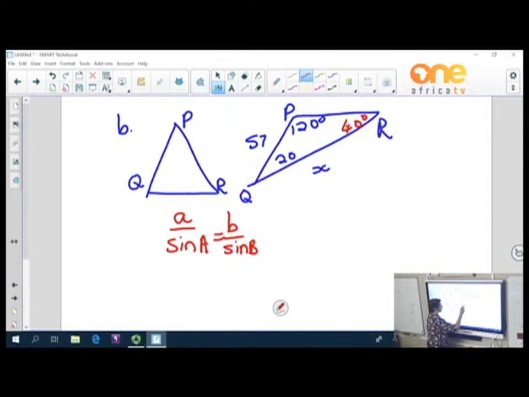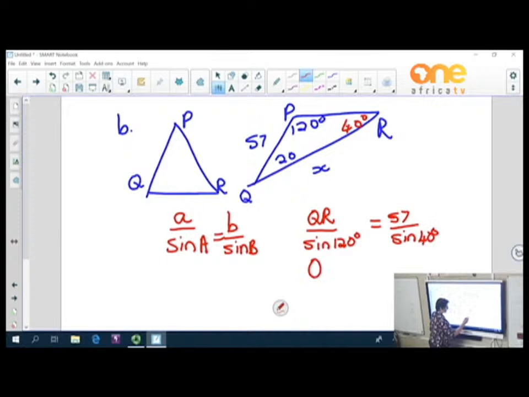So we want to calculate X or QR, and we put that one in the left-hand top. So this is now QR over sine 120 degrees is equal to 57 over sine 40 degrees.